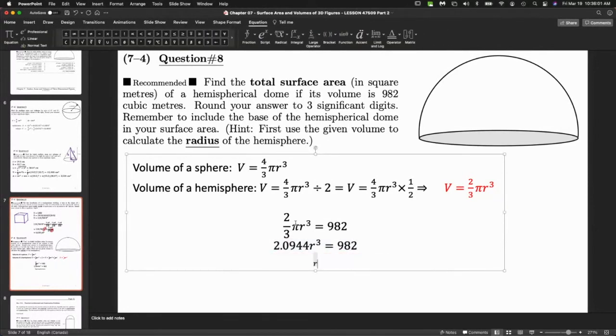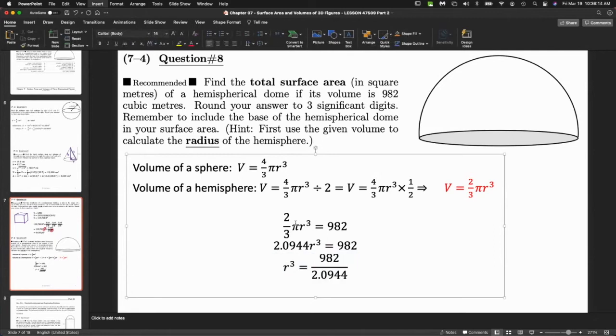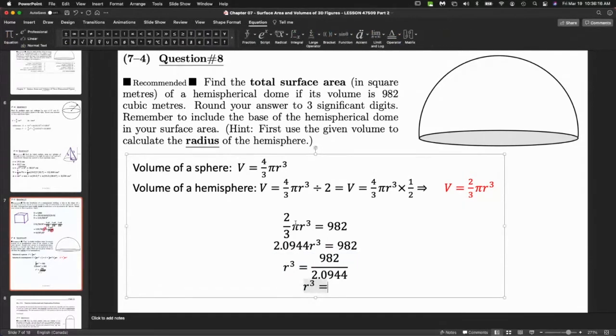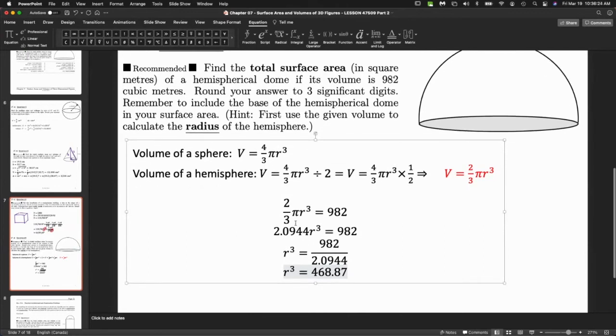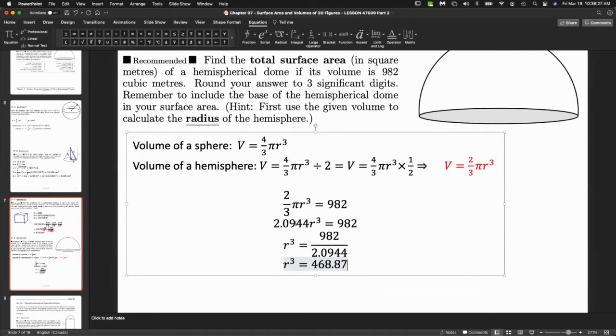And then you can divide both sides by that number. So r cubed is equal to 468.87. This is in cubic meters.